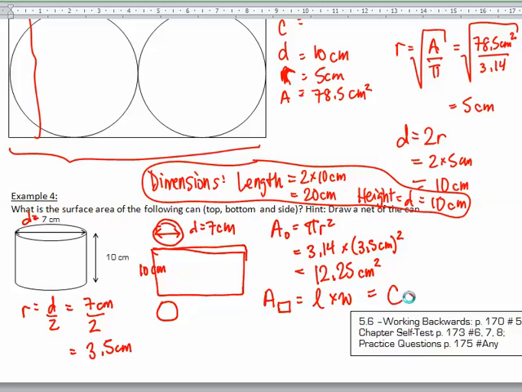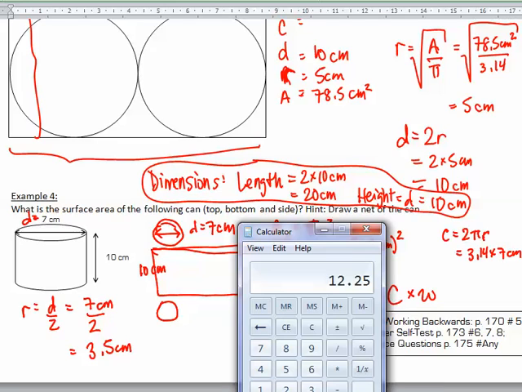Circumference is equal to 2 times pi times r, or pi times d. Diameter we know is 7, so it's 3.14 times 7 centimeters, and I get 21.98 centimeters as the circumference.